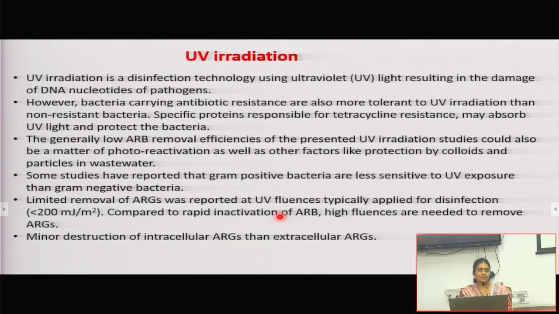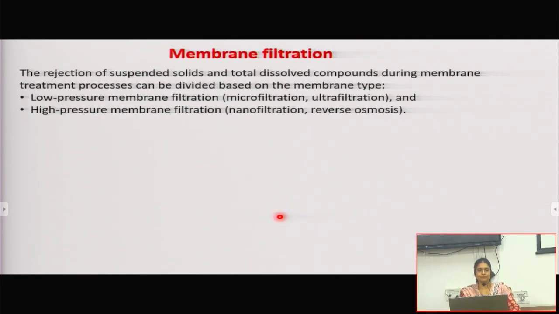There is minor destruction of intracellular ARGs compared to extracellular ARGs, because extracellular means it's already out there. So what was there may have gone, but there is not much effect on the intracellular ones. So we still haven't got anything in these three disinfection methods that can adequately deal with them. That's the reason ARGs are much more challenging, and we don't have an option as of now.